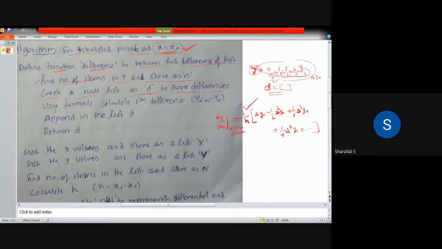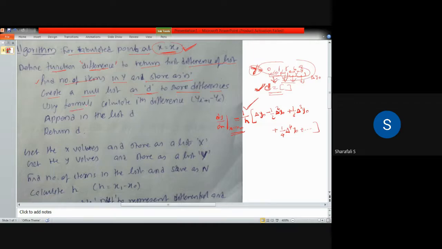The first difference will have 4 values that you store in d, and the next time it will become 3 that you store in d, and so on. For that purpose, we introduce d as a null list.